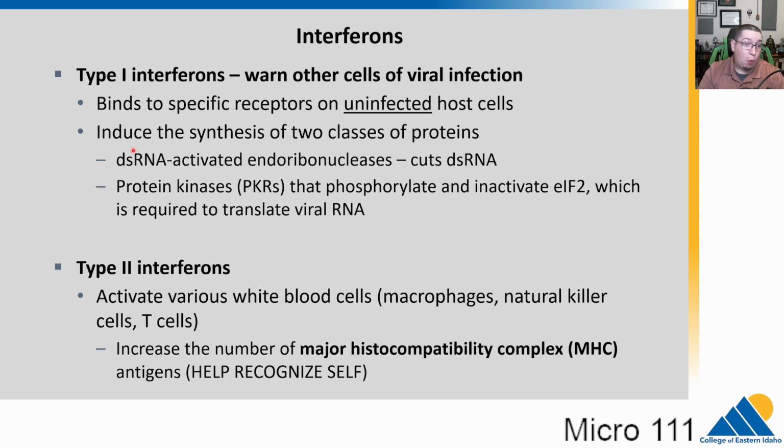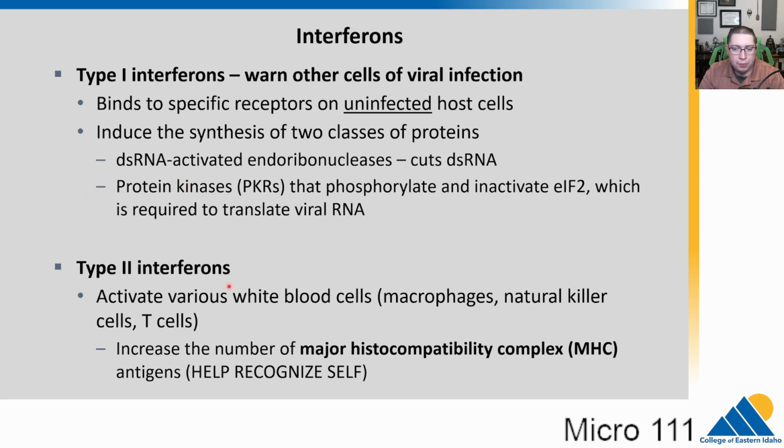So type 1 is generally activated by double-stranded RNA, which we tend to see in viruses, and it has an endonuclease that cuts those things. It can cut other bits that are required to translate viral RNA.